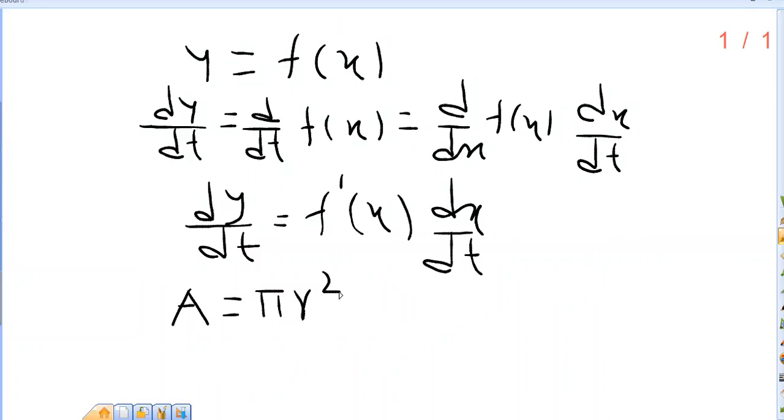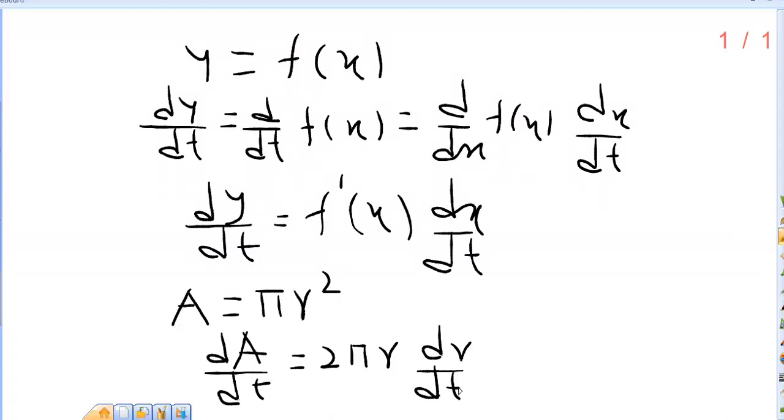See, A is now a function. As radius changes, area doesn't remain constant. It also changes. So I differentiate both sides with respect to t. So dA/dt. Now pi is constant. What is derivative of r square? 2r. So I say 2 pi r dr/dt. Is that clear? So this is how these two rates are related.